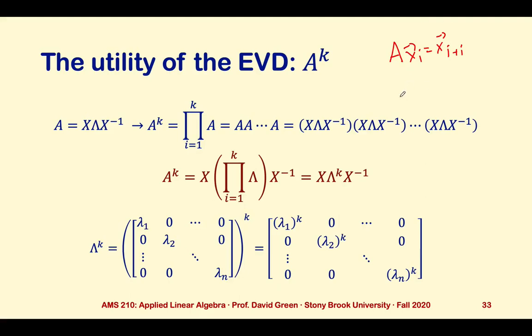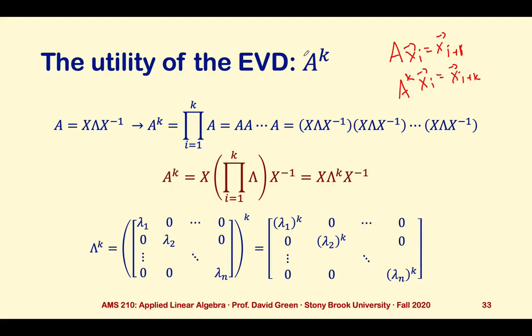Remember that this form also leads to A^k x_i equals x_(i+k). Can we speed up the types of evaluation in this system using the eigenvalue decomposition?